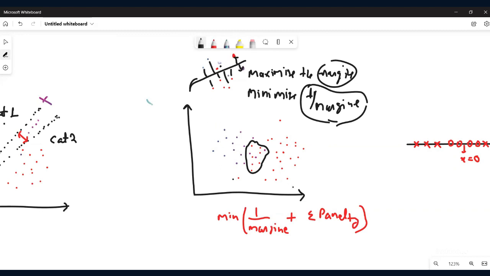So 1 by margin plus penalty, इसकी जो मिनिमम वैल्यू जिस लाइन से आएगी, that will be our best fit line. Okay, this value is called hinge loss. So we are trying to minimize this value.